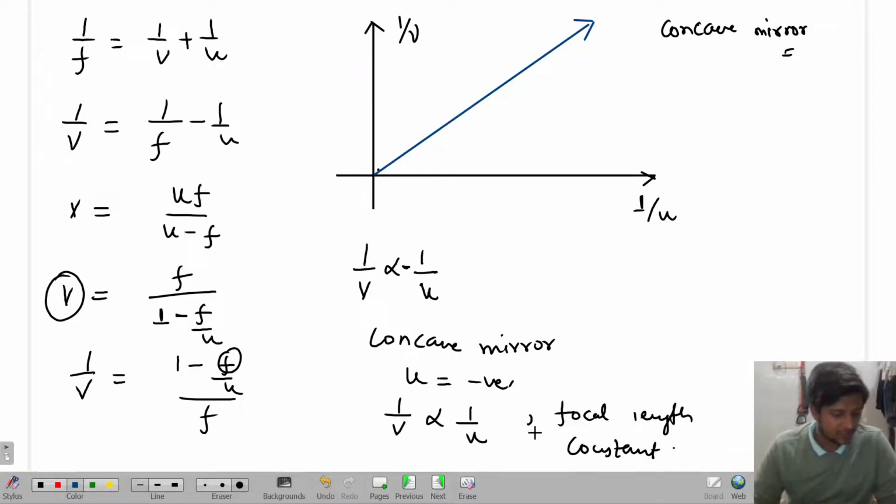Sir, if V increases, U must decrease, right, sir? That is dependent upon different cases, Gagan, reason 1, reason 2, reason 3, reason 4.